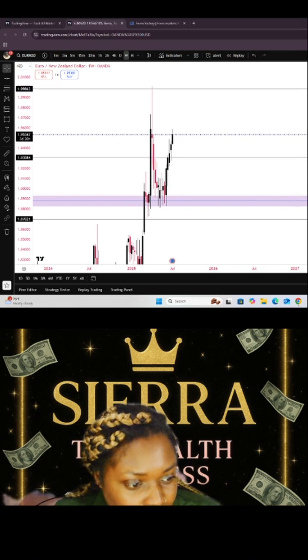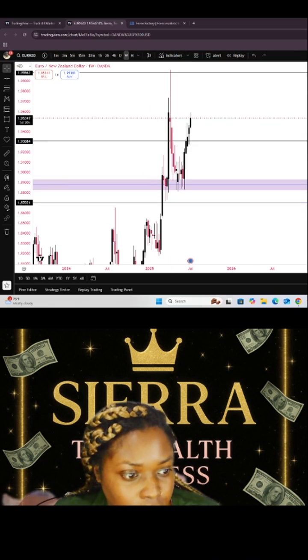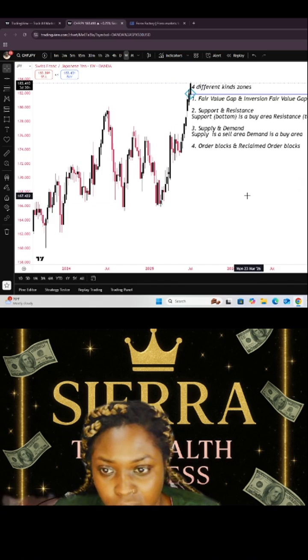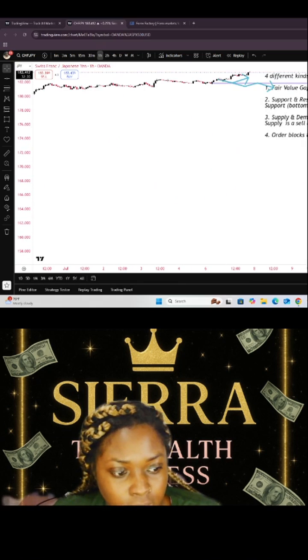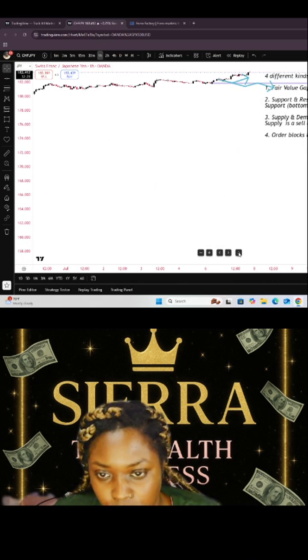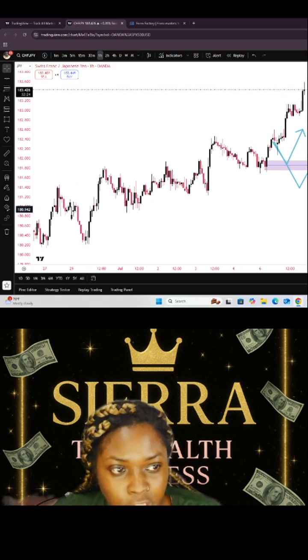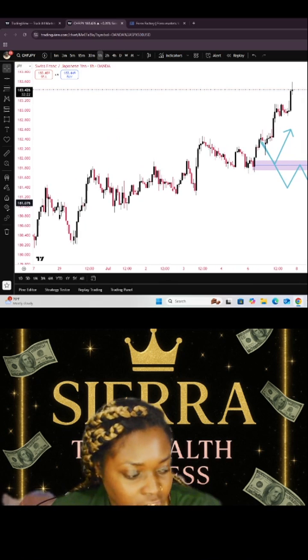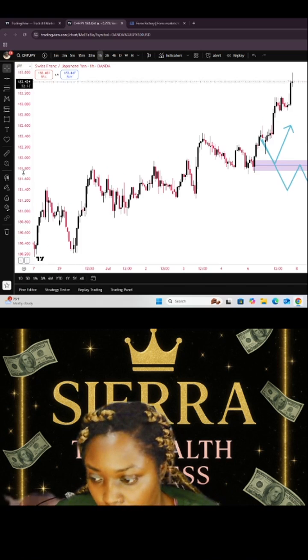What exactly is a fair value gap? Let's go back to that real quick for this person. Come back to CHFJPY. A fair value gap is when the banks, the institutions, or sometimes you'll hear people say the market makers, put so much money into the market that it causes a lot of pressure and creates a hole in the market.